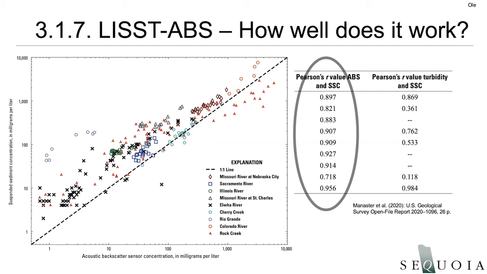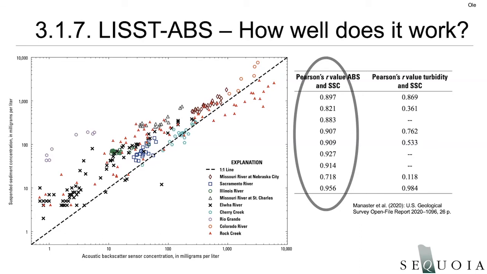And you can see that in general, at least for concentrations above about 100 milligrams per liter, the data are actually fairly close to the one-to-one line. For concentrations below 100 milligrams per liter, the ABS tends to underestimate the concentration a little bit.